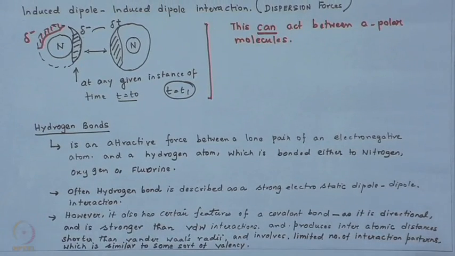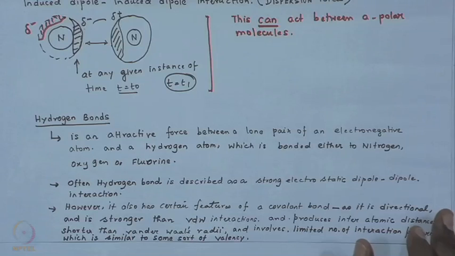Therefore, without going into any greater detail, you may realize that hydrogen bond is somewhere in between a permanent dipole type van der Waals force and a polar chemical bond.